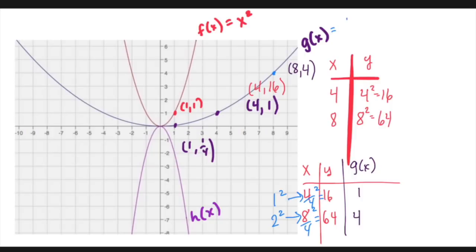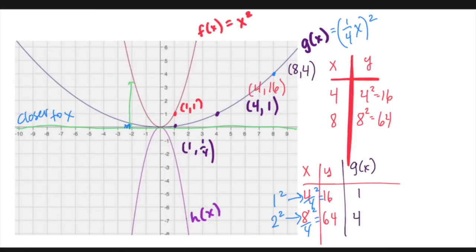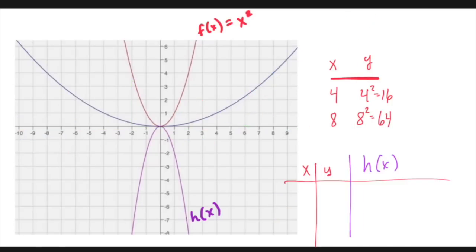What I come up with is, if I divide each of these by 4, then when I square it, the quotient is going to give me the exact y value. And that's sort of the game that you have to play. You have to look for the pattern to determine what the scale factor would be. So 4 divided by 4 is 1, 1 squared would be 1, etc.